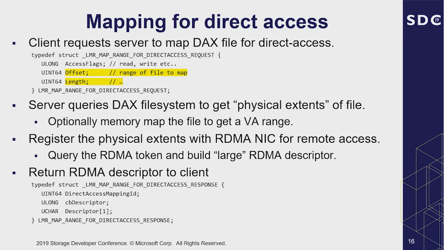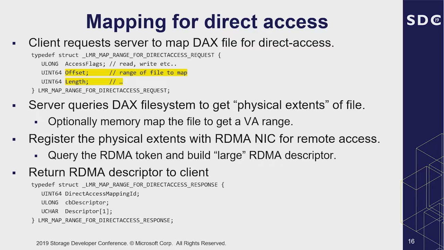So let's look at the steps the client needs to do to set up access to this persistent memory region. We could do this on SMB easily, because it's easily implemented as an FSCTL or IOCTL, which you issue on an open file handle.